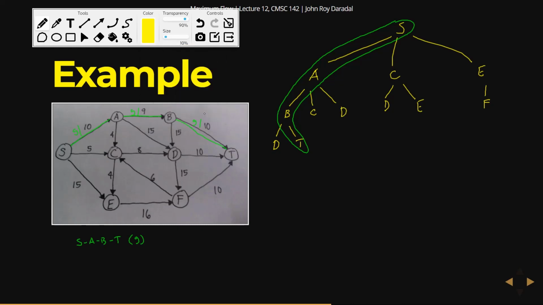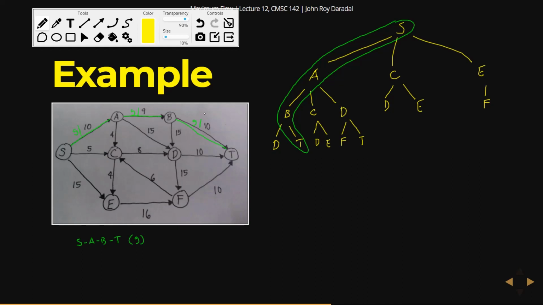Try to expand C. So from C, you can still go to D or E, right? And then from D, you can go to F or T. So this is just BFS, right? You're just expanding the nodes based on their neighbors.